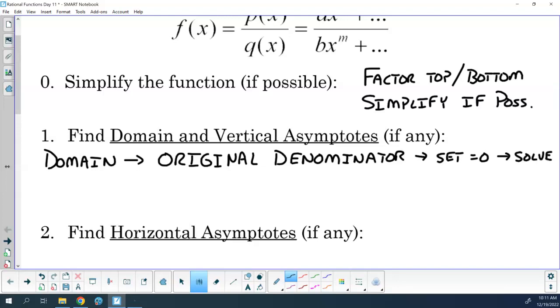Okay. After that, we use our new one if we have a new one, correct? Okay. So for vertical asymptotes, we would be then on the new function.